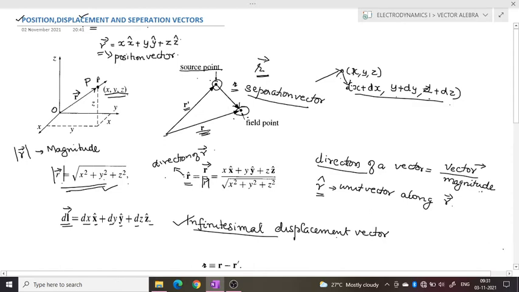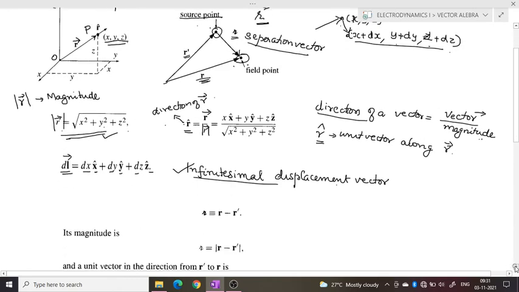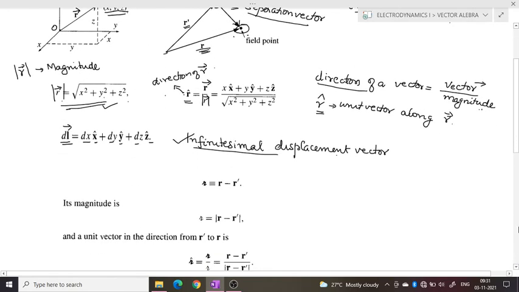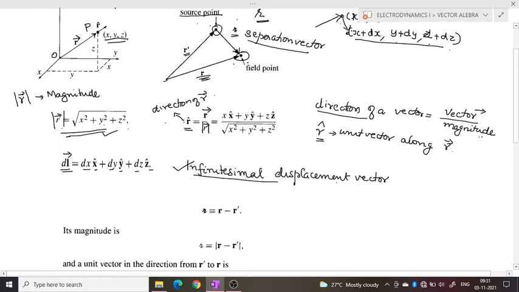So how can we find out the vector r? We can find it by this relation. You know the triangle law. From that, the separation vector r is equal to vector r minus r dash. How will you get this? This is the triangle law of addition.